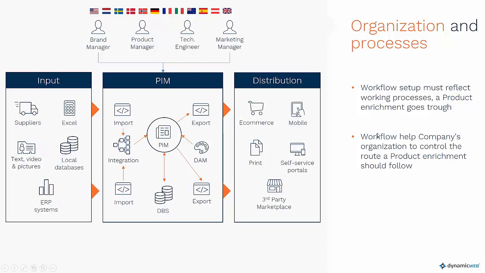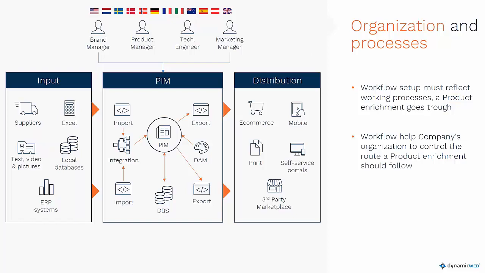In the organization, at the companies, there are typically different people involved in the different processes. So to be able to handle these different steps, you will need a workflow setup, so the users can see what they have to do. Maybe the technical engineer has to specify and enrich with the technical stuff.